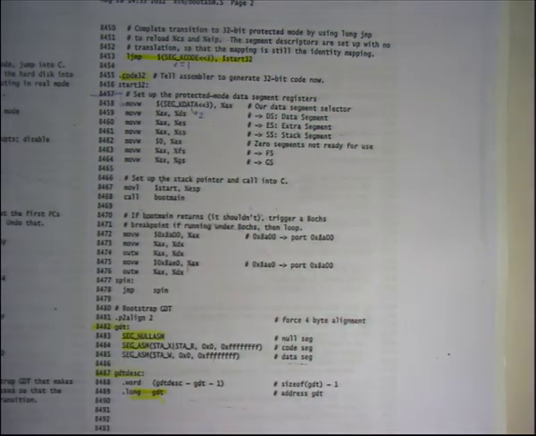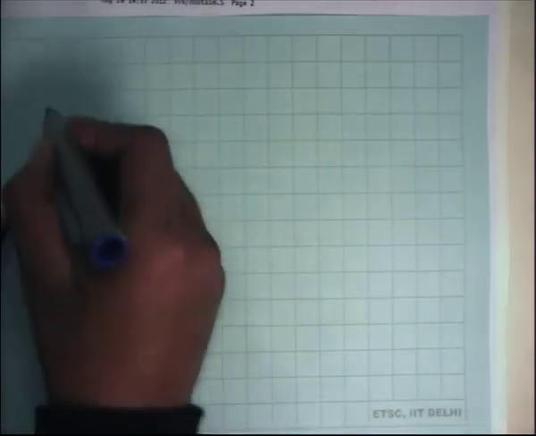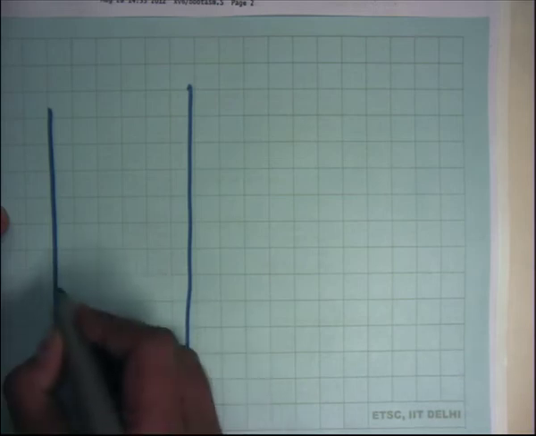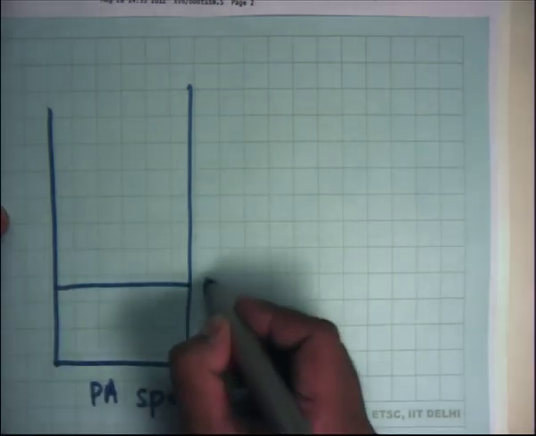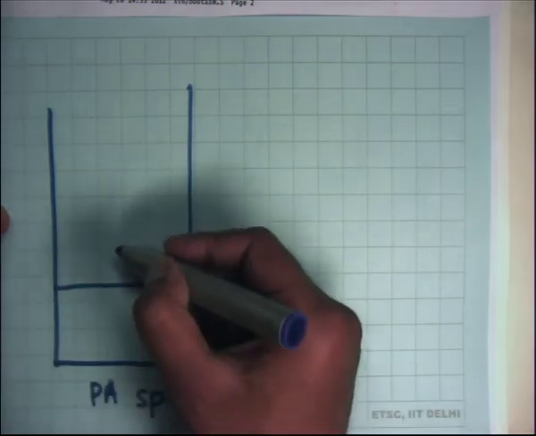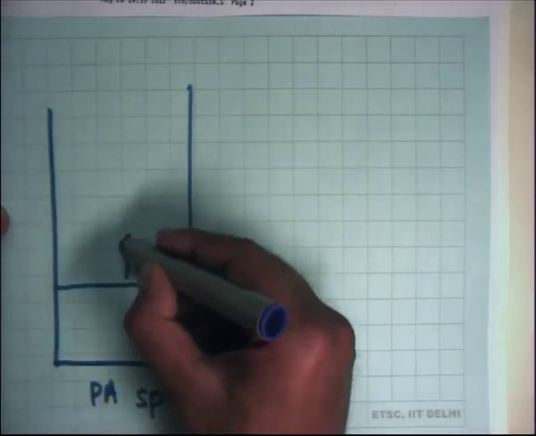What I am really doing is initializing my stack. So let's say this is my physical address space, and let's say this is 0x7c00. All this code that we are looking at is actually living in this area.